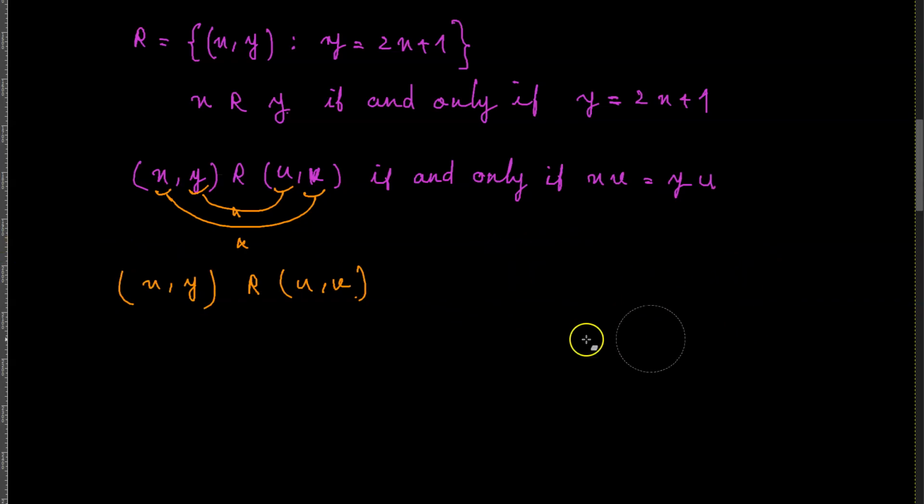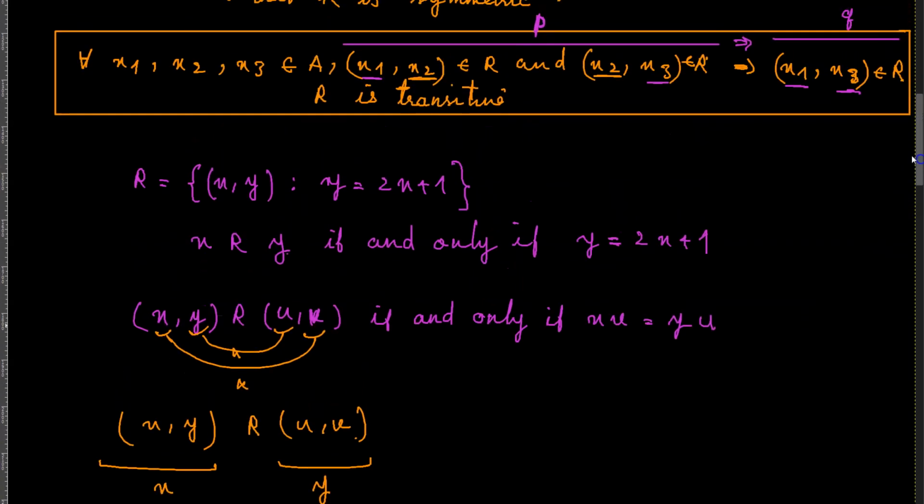So here I need to make the assumption that (x, y) is related to (u, v), meaning you can simply think of this as your x, which is related to y.